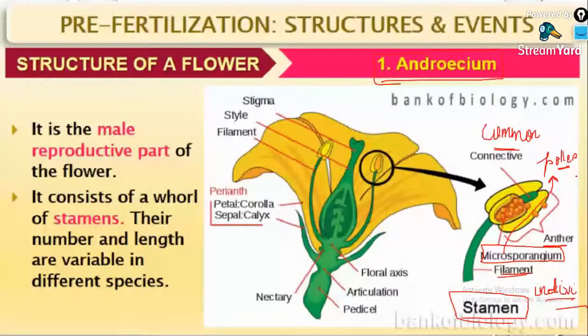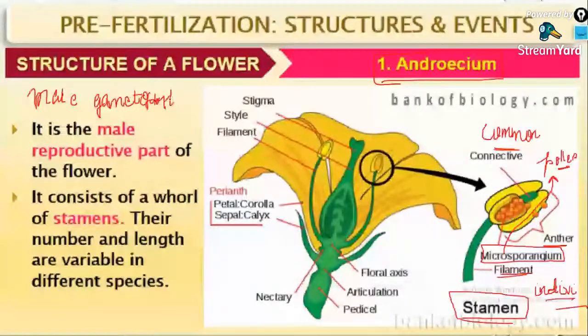Pollen grain is the male gametophyte. It is not the male gamete. There is no specific name for the male gamete, but pollen grain is the male gametophyte.